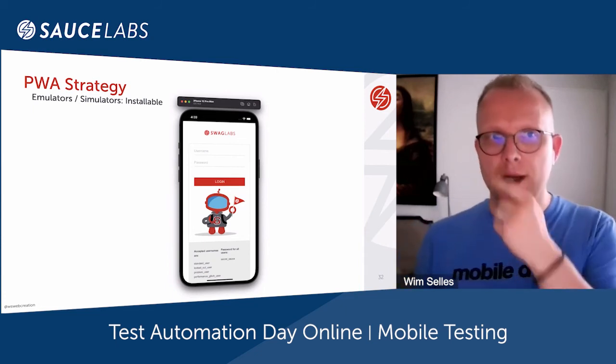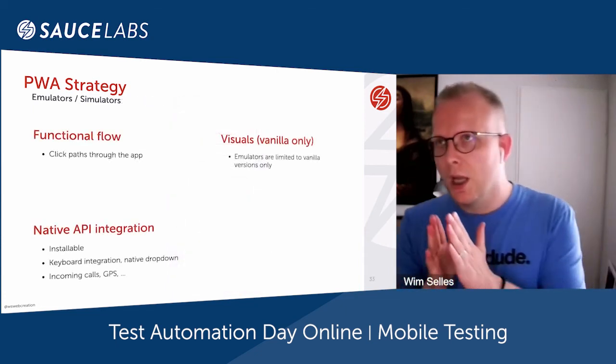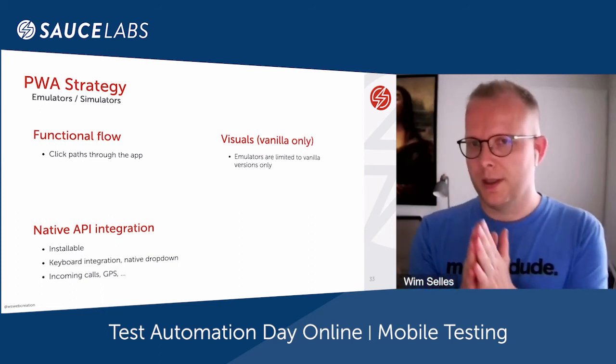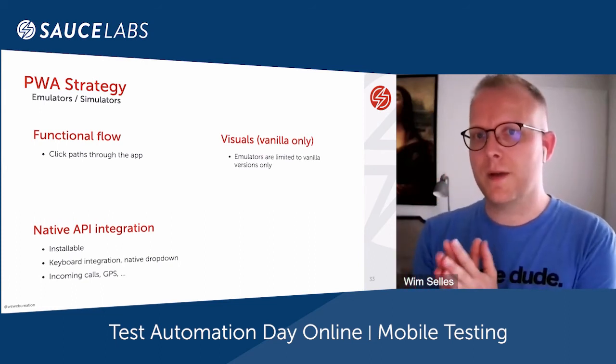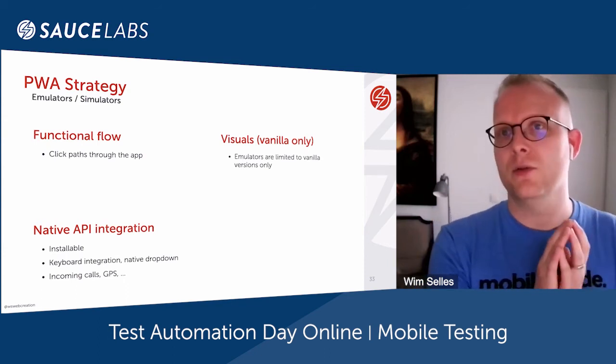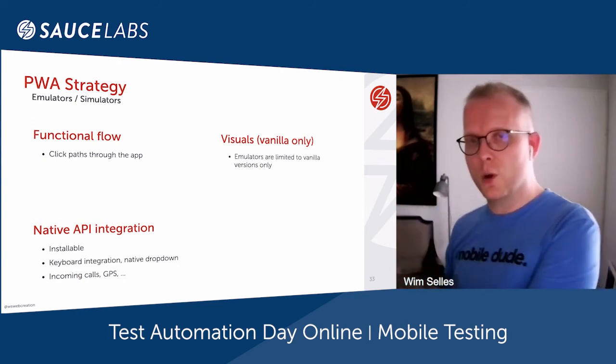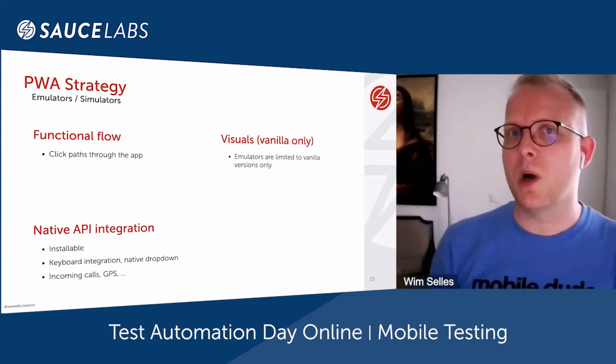Now that we're talking about this, let's also take a look at the visuals. If we're talking about those emulators, then we again need to be aware of the fact that it could render differently on an emulator because it is stock Android in comparison to a real device of Samsung, UI, or whatever brand you want to use.